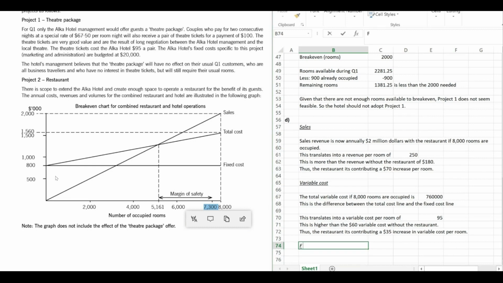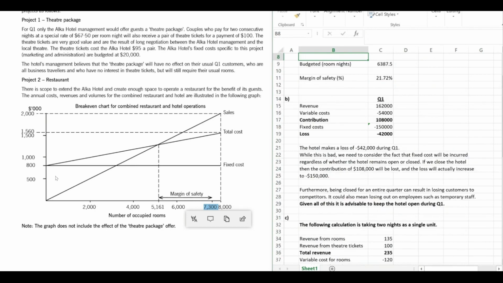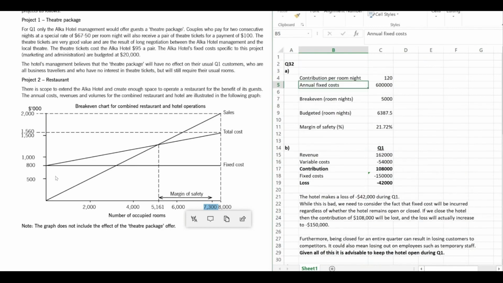Okay, then we have our fixed cost. So the fixed cost we've already seen is 800,000. The fixed cost is now 800,000. How much was it originally? I think we used that in the calculation. Yeah, so we actually did. Annual fixed cost was 600,000.